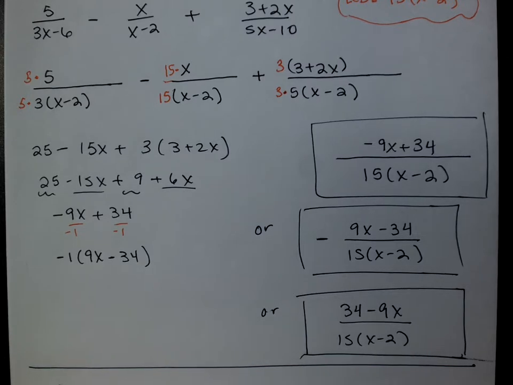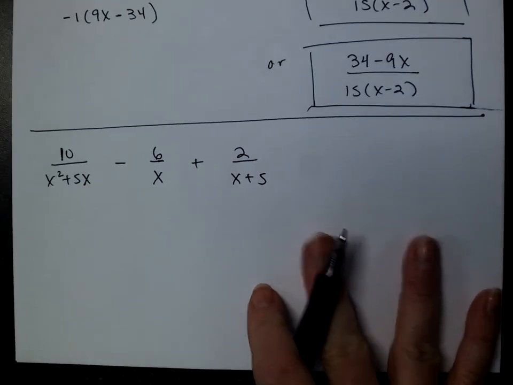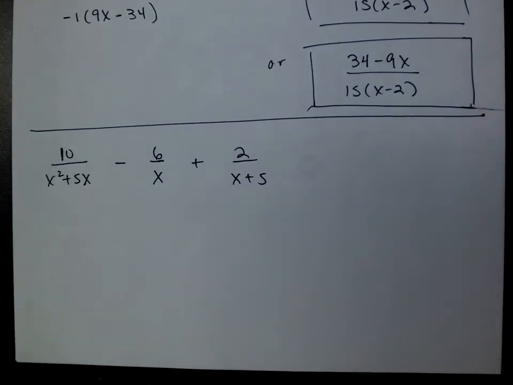Next problem: 10 over x squared plus 5x, minus 6 over x, plus 2 over x plus 5. Now I want to make sure we get to everything today, so I'm going to walk through this one really quickly because I want to show you how that smoothness, that rhythm, and that organization helps. Okay?